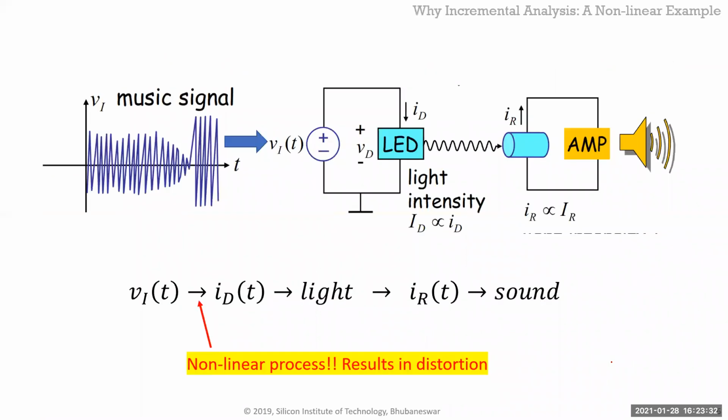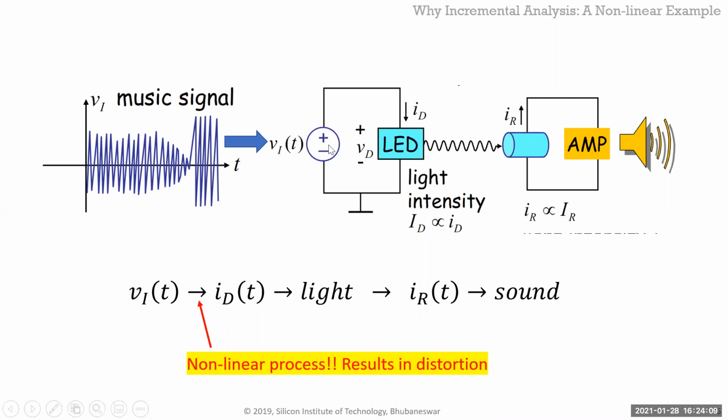Okay, all right. So this is actually, I'm not a big fan of this example, but it's still a good example to motivate how small signal analysis is used. What he's showing here is you have an LED, right? And you want to take a music signal coming out of your cell phone and transmit it through the light. Then there's a receiver, usually a photodiode, and that photodiode takes the light and converts it into current.